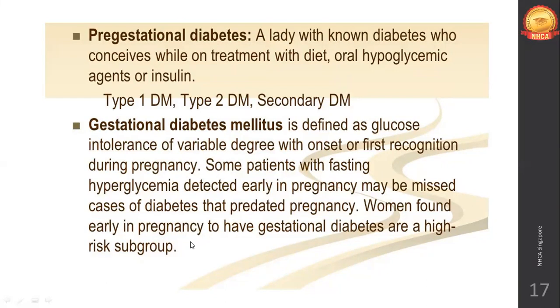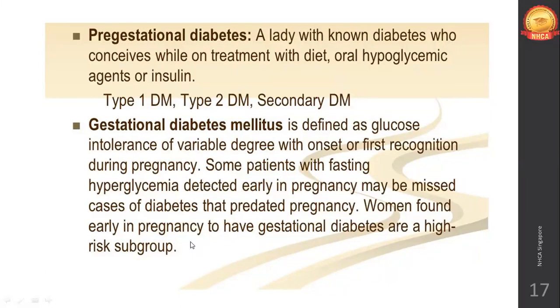Gestational diabetes mellitus is defined as glucose intolerance of variable degree whose first onset or recognition is during pregnancy. As soon as the woman is pregnant, her body goes into a series of reactions in which she gets diabetes, and as soon as she delivers the child, once labor is done, she comes back to her normal healthy body.